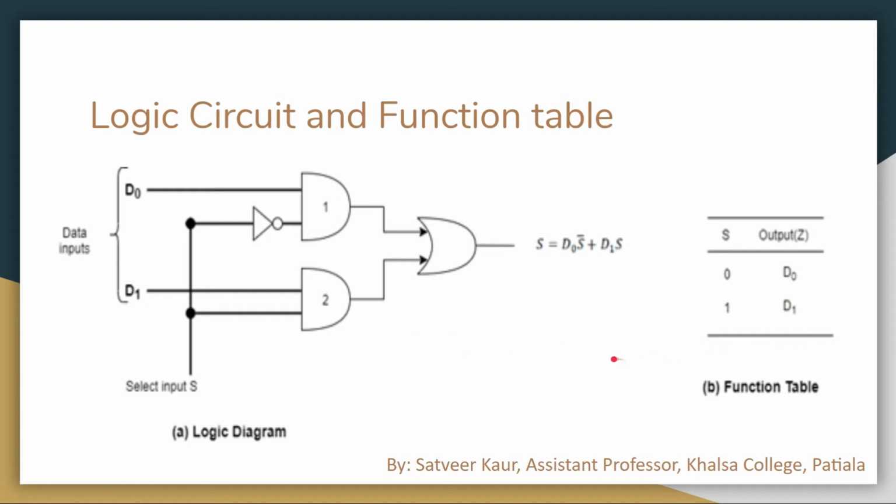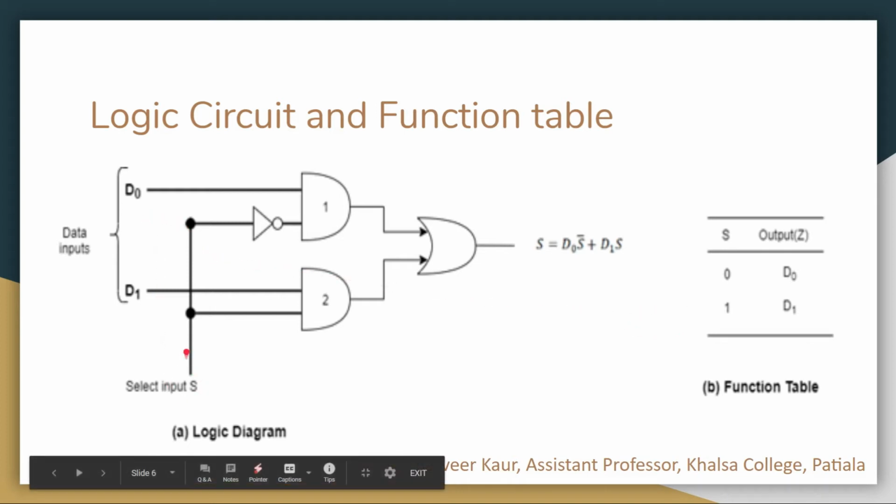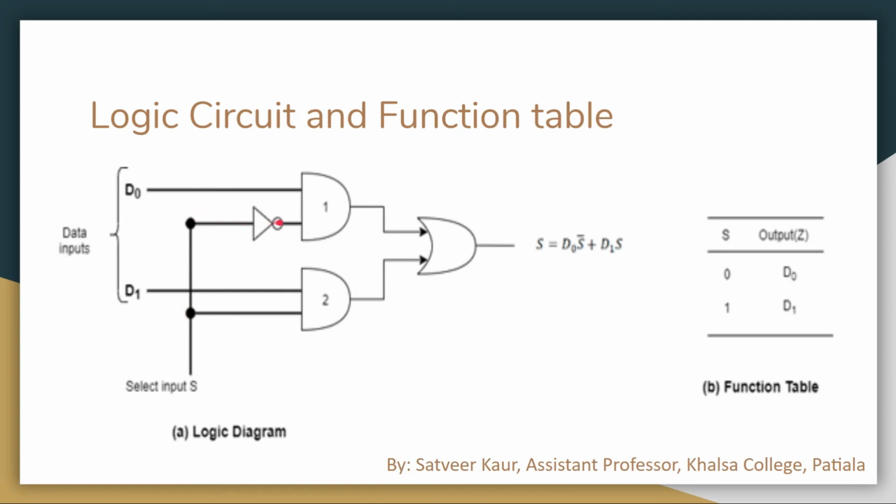When S equals 0, the value 1 will be directed to gate 1, therefore AND gate 1 is enabled and AND gate 2 will be disabled. So the output will be Z = D0.